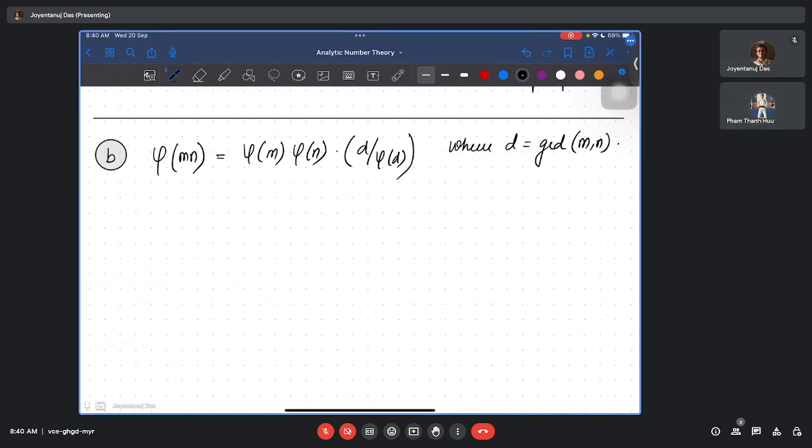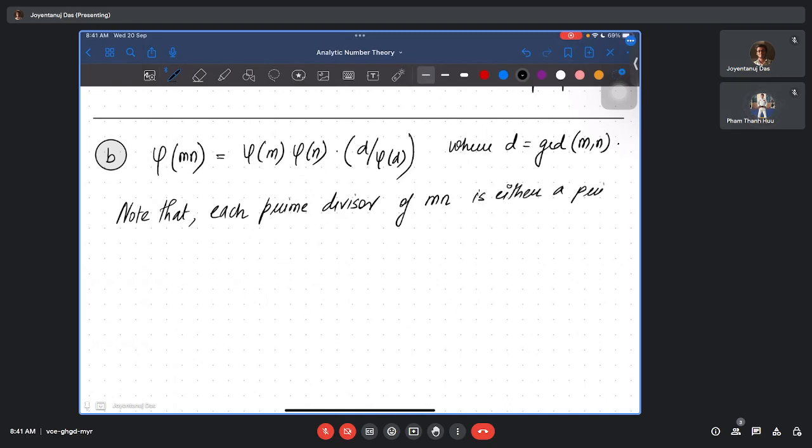So note that each prime divisor of mn is either a prime divisor of m or of n, right? What it means is that if p divides mn, then p divides m or p divides n.